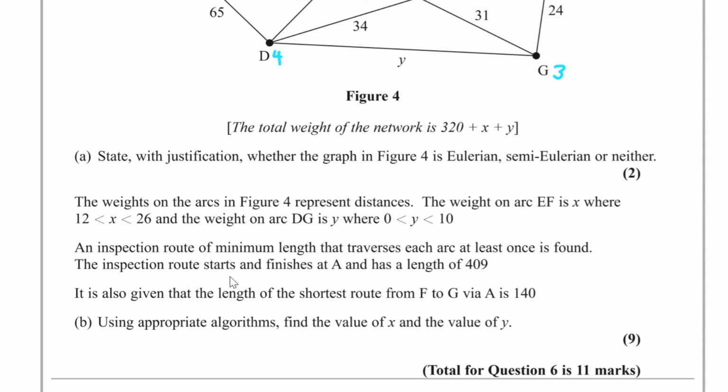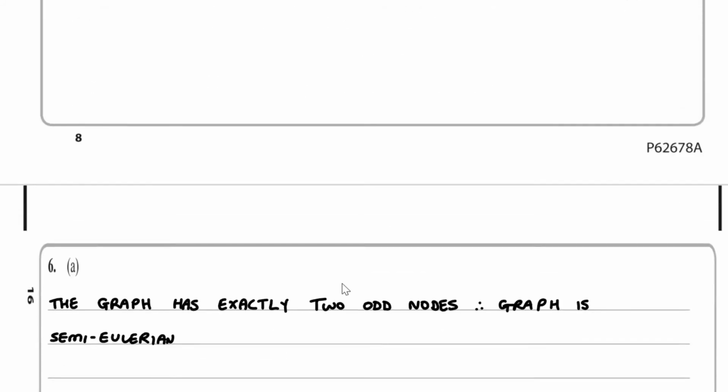The inspection route starts and finishes at A and has a length of 409. It is also given that the length of the shortest route from F to G via A is 140. Using appropriate algorithms, we have to find the value of x and the value of y.